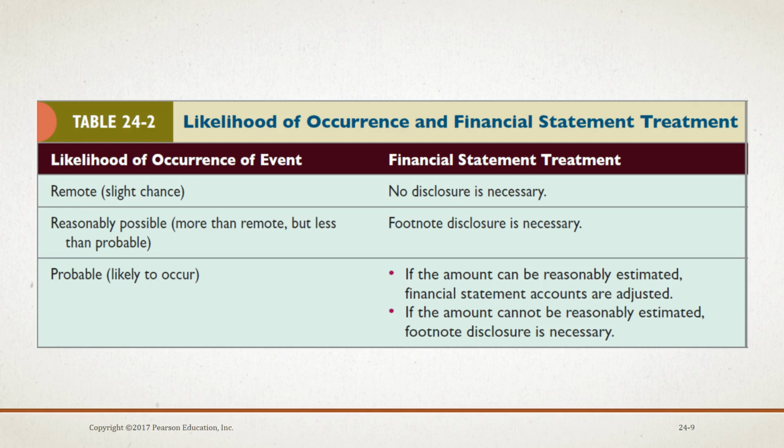If, however, it is probable, and the amount can be reasonably estimated, at that point, the accounting literature specifies a debit and a credit must be made. If the amount cannot be reasonably estimated, footnote disclosure is needed.